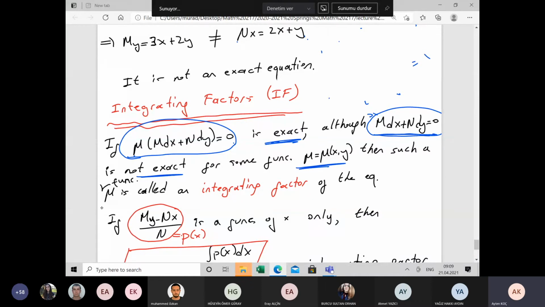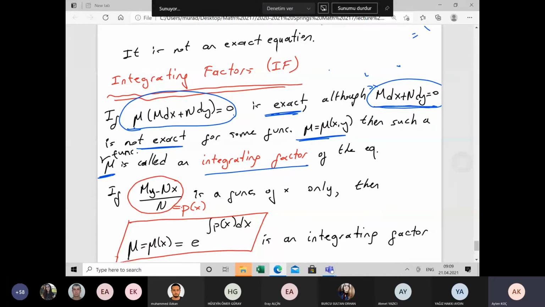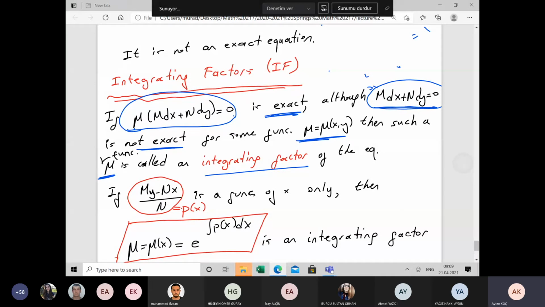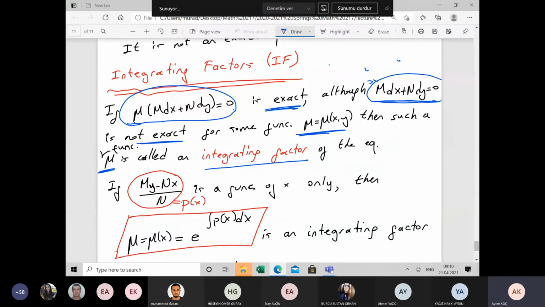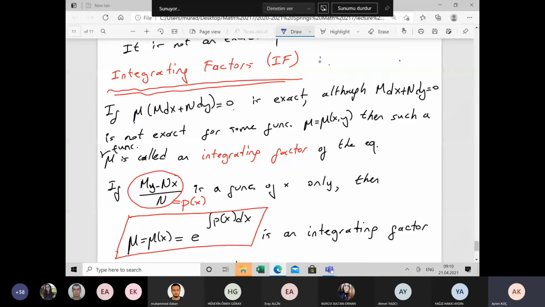So the question is, is it possible to find the mu? Yes, sometimes it is possible, sometimes not. For some non-exact equations, sometimes it is possible to get an exact equation, sometimes not.